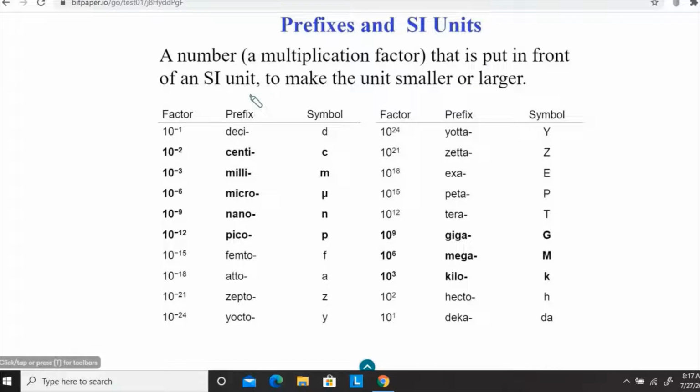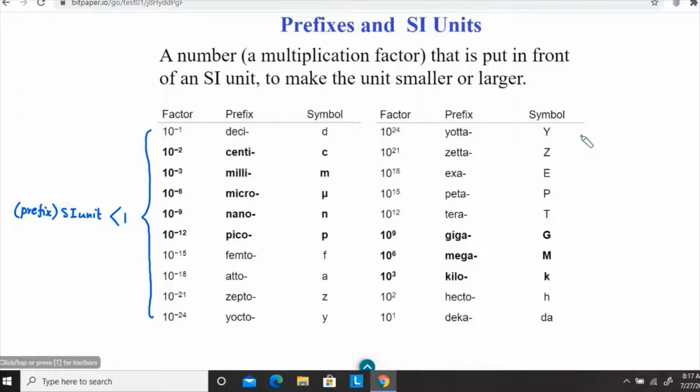Prefixes are numbers that you put in front of SI units to make them smaller or larger than 1. For example, on the left-hand side, you can see these prefixes. So if you multiply the prefix by the SI unit, the result is less than 1.